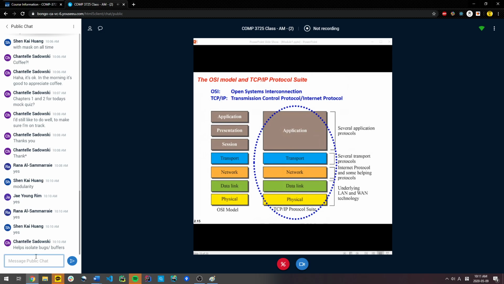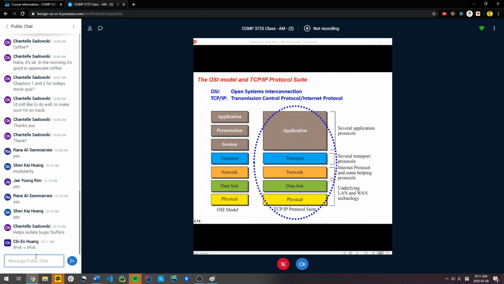The idea is that you have all of these modules. To give you a testament to how robust the TCP/IP protocol suite has been in the last couple of decades, you may have heard that we went from IPv4 to IPv6. IPv6 is no longer something in the future; it is being deployed as we speak.